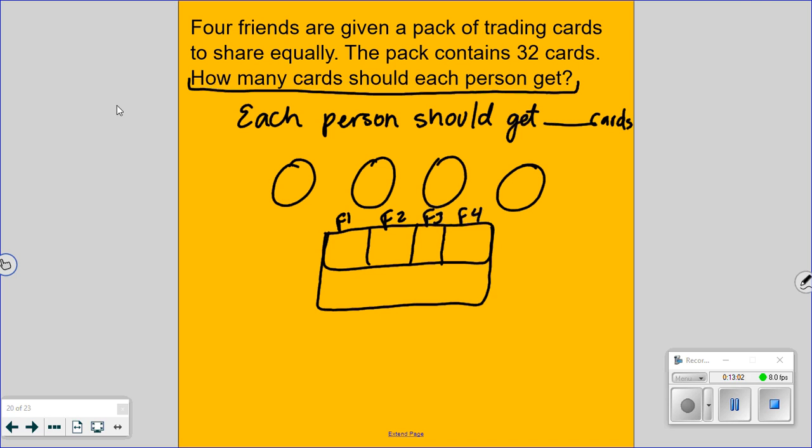This bar right here is equal to this bar. There's the same number of cards. When I deal them out, if I were to push them back together, I would still have 32.